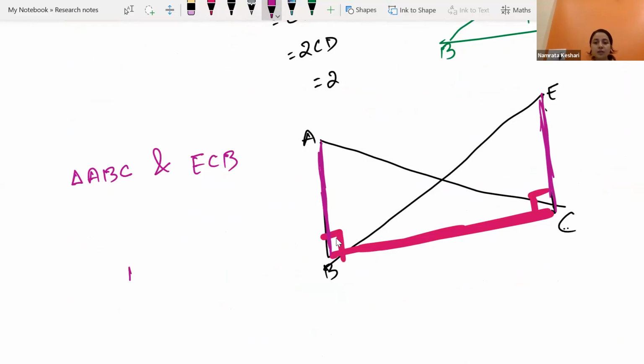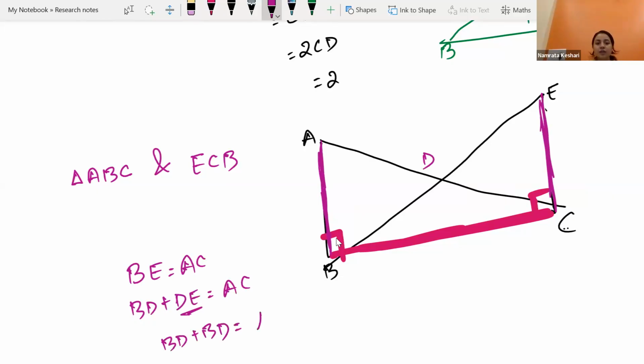And then we can say that BE and AC are equal. BE is nothing but BD plus DE, that is AC. DE is BD, so BD plus BD. Yeah, from here we are getting.